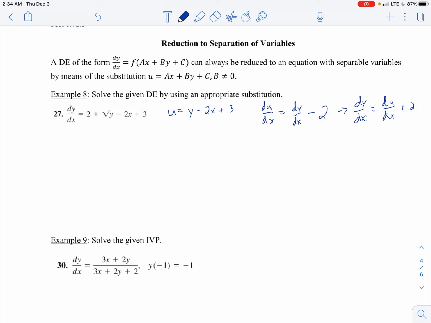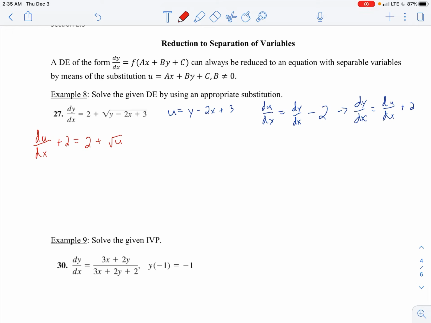Now we have everything we need to substitute. So dy over dx is du over dx plus 2, and that's set equal to 2 plus the square root of y minus 2x plus 3, which is just the square root of u.